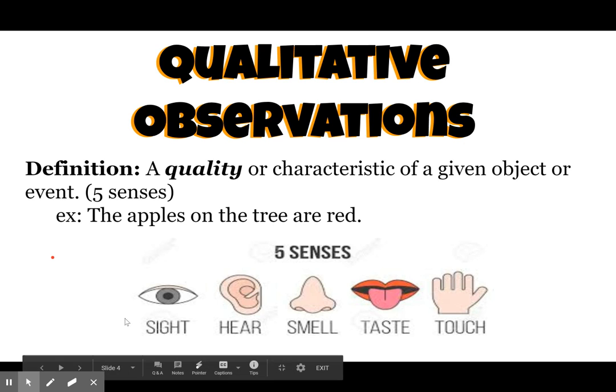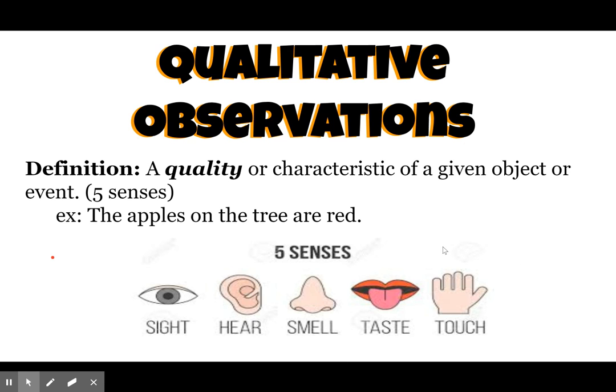So again, thinking about our 5 senses, our sight, our hearing, our sense of smell, sense of taste, and touch. So take a moment to write down the definition, use qualitative observations in a sentence, and you can draw some sort of picture to help you out.